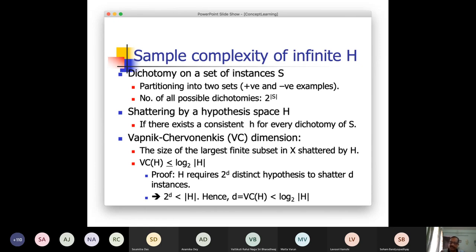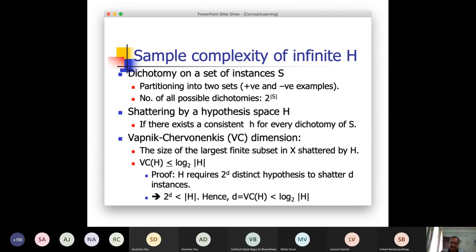But if you find any set which is shattered by H, that cardinality tells you its VC number is at least that number. The proof that it cannot be more than that is a bit complicated. But from the empirical point of view, if you can find some examples which can be shattered, it is fine, it is done.